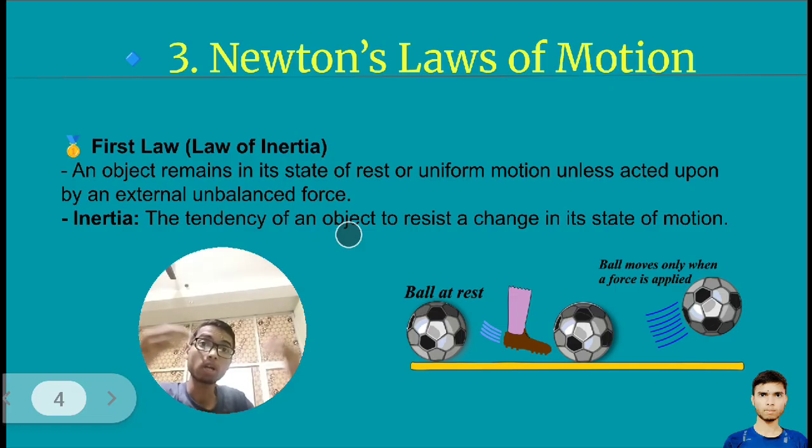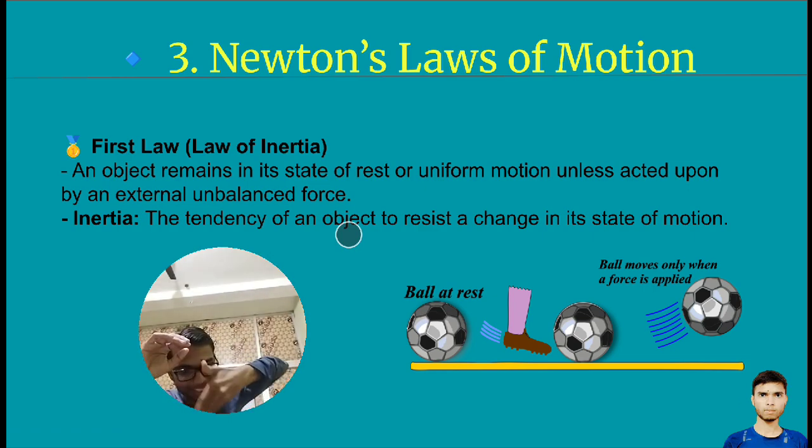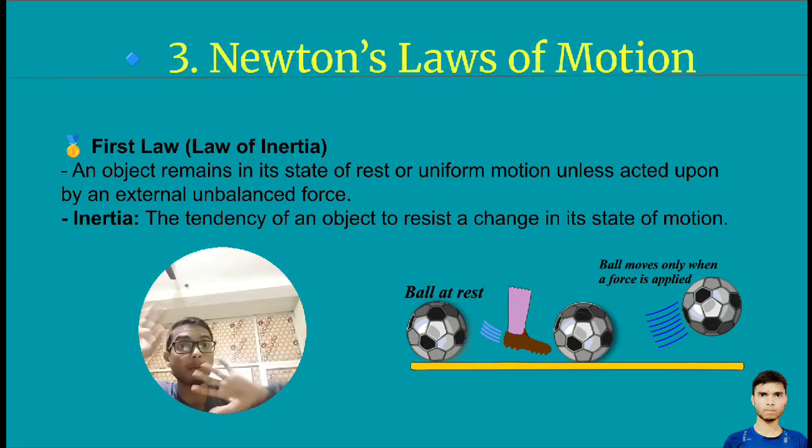Okay, now what about inertia of direction? The object which is moving with uniform motion on the circumference of a circle will be moving with the same speed. But as we know, when external force comes, the direction of this moving object can be changed.